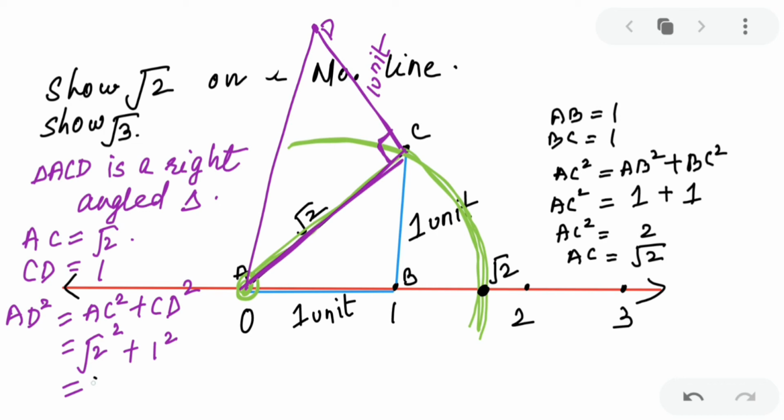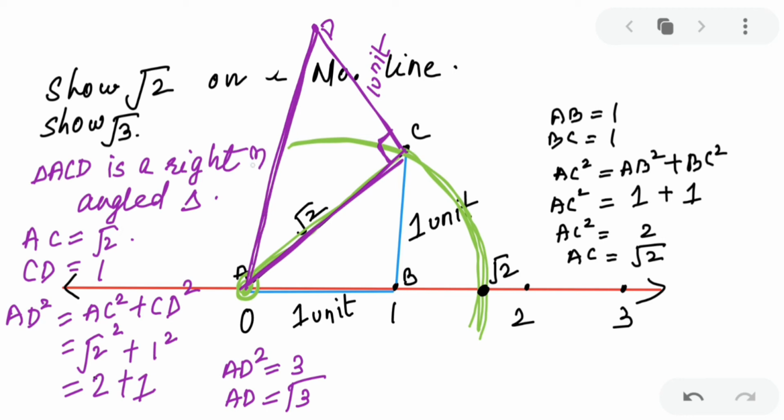Root 2 square is always 2, plus 1 square is 1. So you got the value of AD square as 3. And what will be AD itself? It will be root of 3.